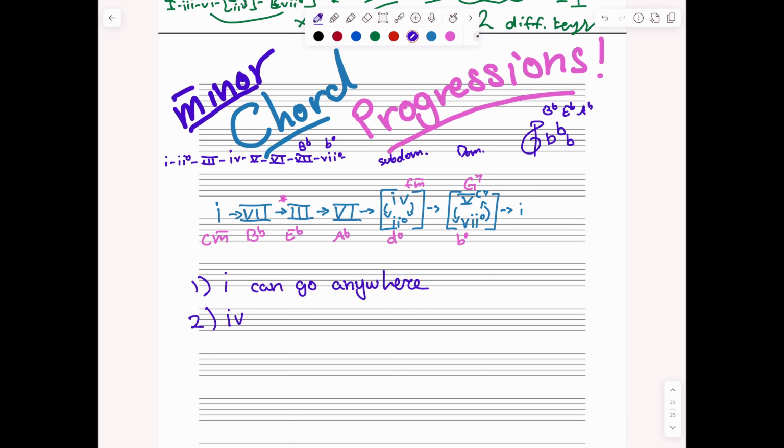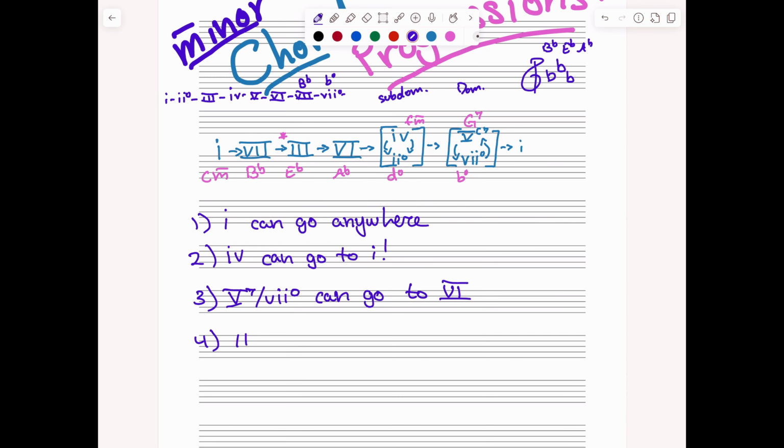Our next exception here was the dominant bracket, which is either 5-7 or 7 diminished, can go to 6, and that's big 6. And then our final exception was our funky cadence, which does not have a name in Western music, and that was 3 can go to 4.